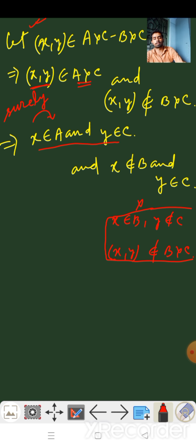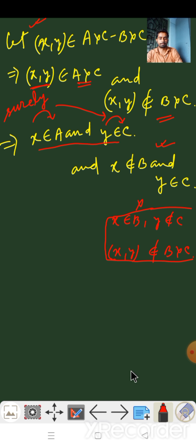So this cannot happen. Therefore we can conclude that the event in which x belongs to A is sure, but it is not sure that x belongs to B. As we know that y belongs to C surely, this is also a sure event. And therefore we can conclude that x does not belong to B. It is mandatory for x to not belong to B, because otherwise this hypothesis will not work.